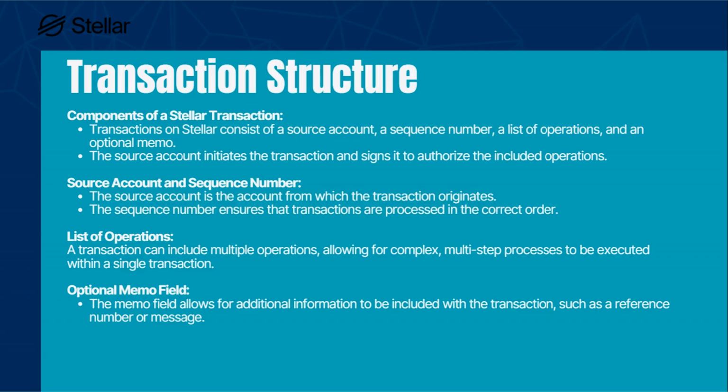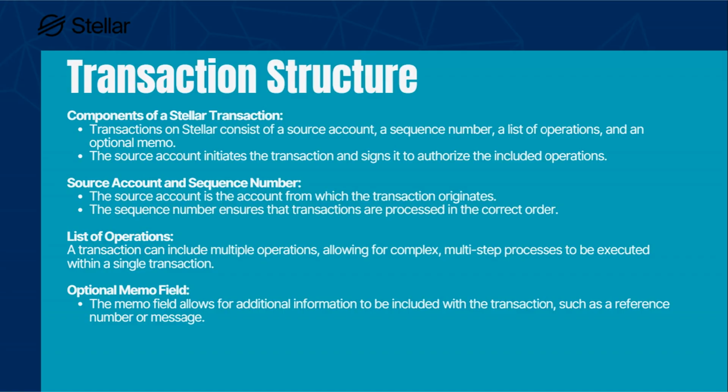The source account initiates the transaction and signs it to authorize the included operations. The sequence number is crucial for preventing replay attacks and ensuring ordered execution.